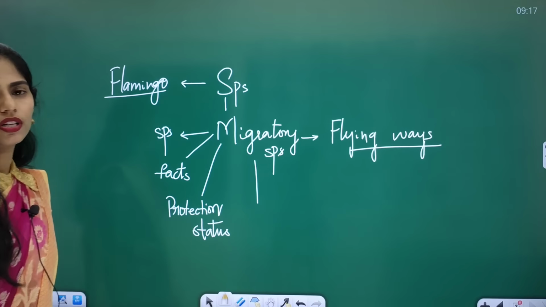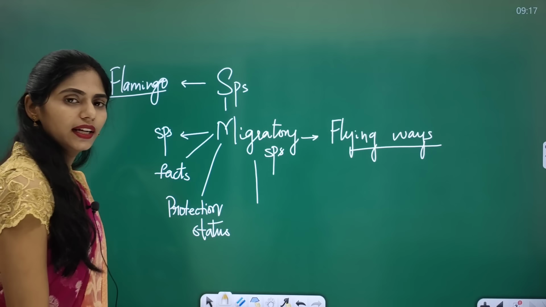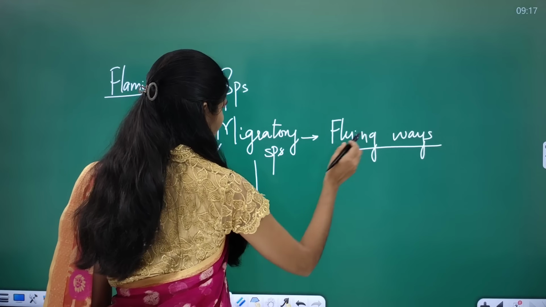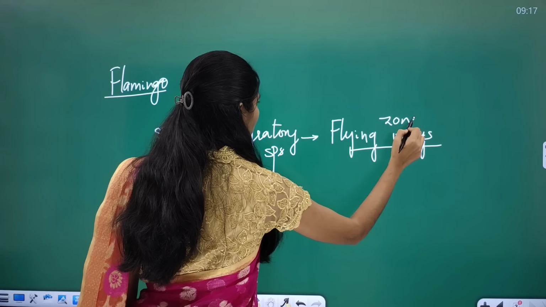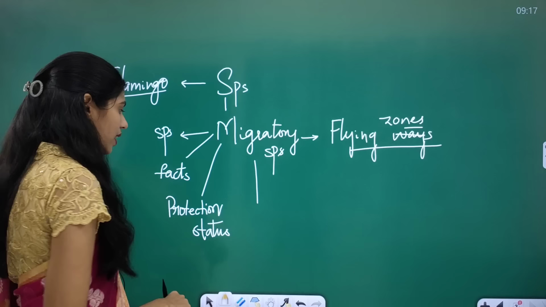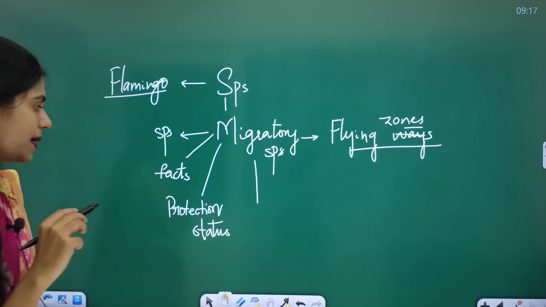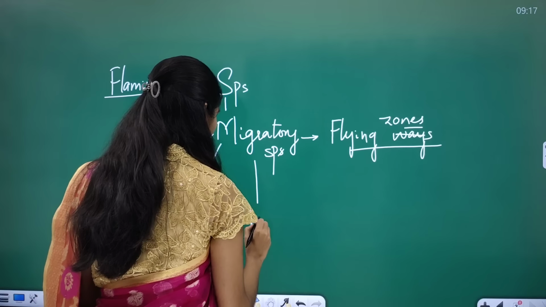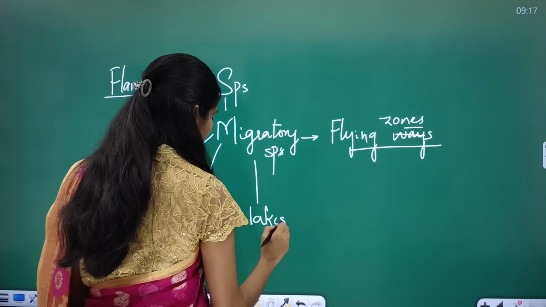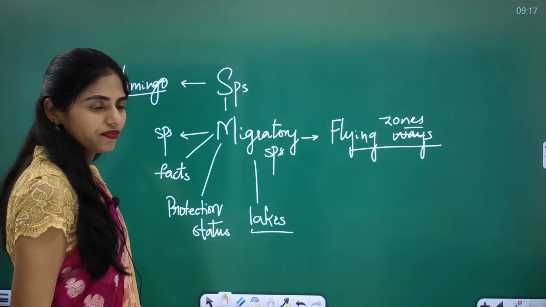Protection status is important. And next you have to see fly zones. Okay, and next one is you have to see in which lakes they are attracted and why.